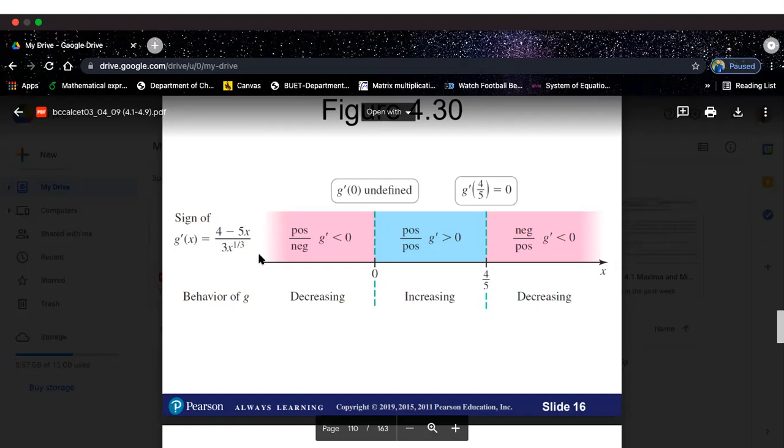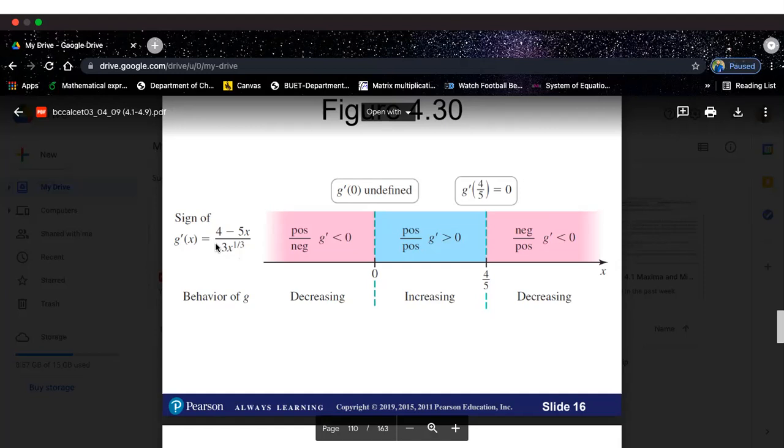We need to check, because if it's continuous, it may still not be differentiable. So if the denominator is 0 for the first derivative, at those points the function is not differentiable.